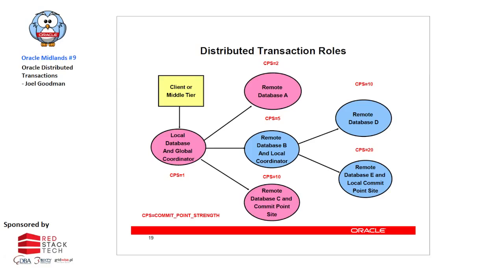B then prepares D. B then says, oh, you can commit. If this one rolls back, we got a problem, otherwise not. And then we can commit. If that one prepares okay, this one commits.